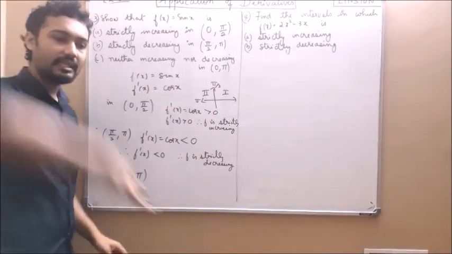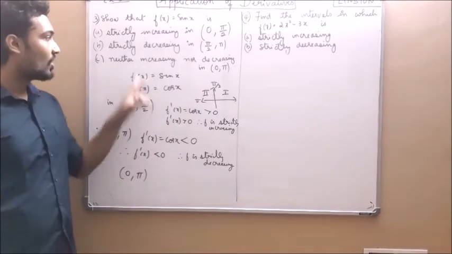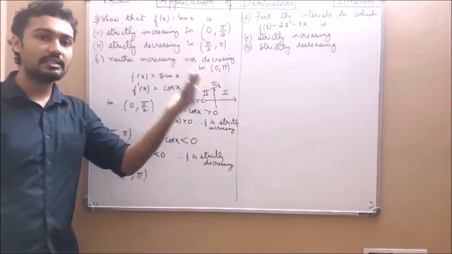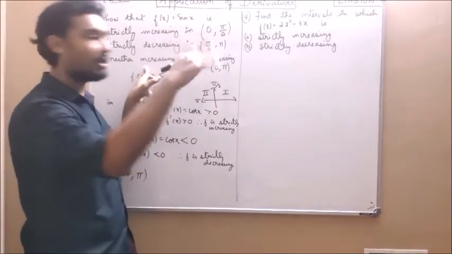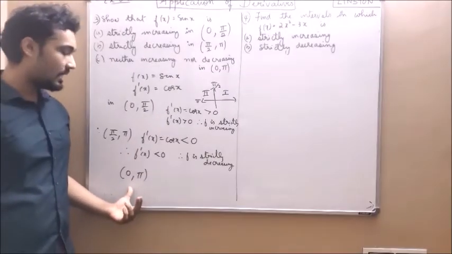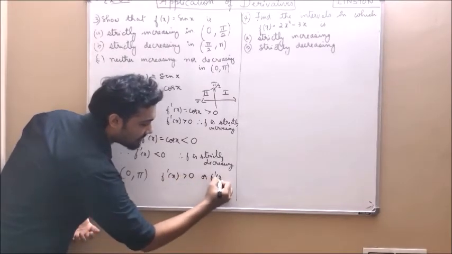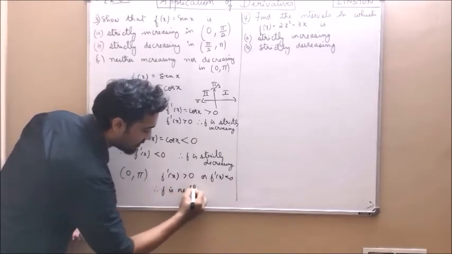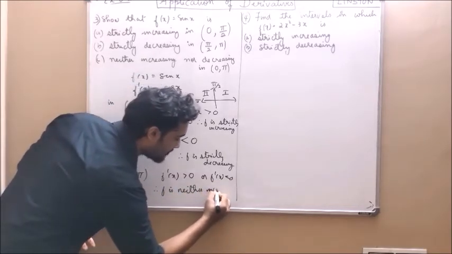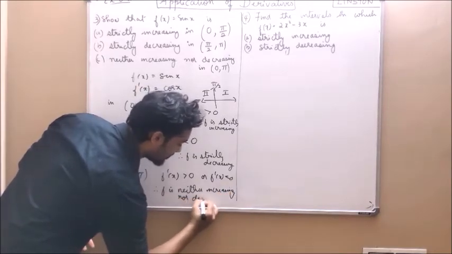So it is increasing and decreasing, so it is neither definitely increasing nor definitely decreasing. This is what it means. So therefore, in 0 to pi, f dash of x is sometimes greater than 0 and f dash of x is sometimes less than 0. So therefore, f is neither increasing nor decreasing.